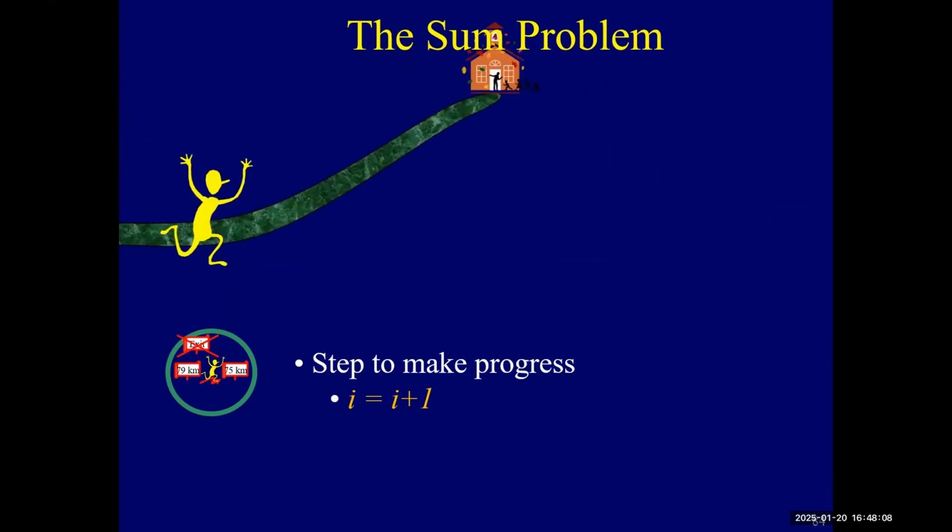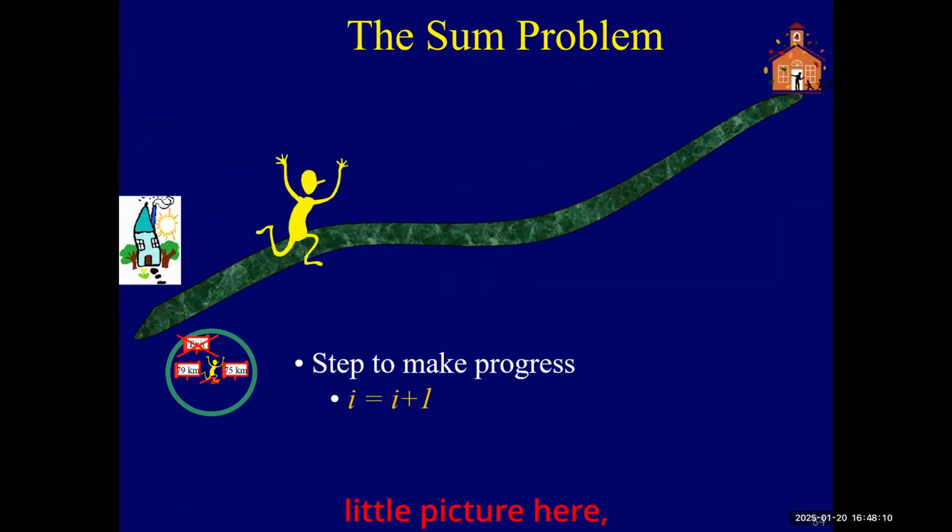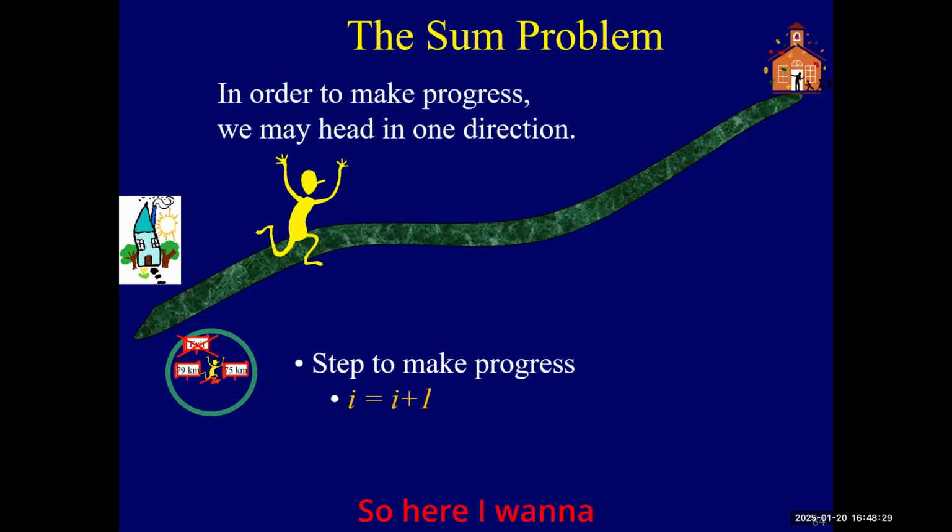All right, this is my little picture here, right? The green road is that you're staying on the loop invariant, it's true. And if you're meditating and your mind starts to wander, should you beat yourself up? No, you just come back to the path, right? So here, I want to head in the right direction.